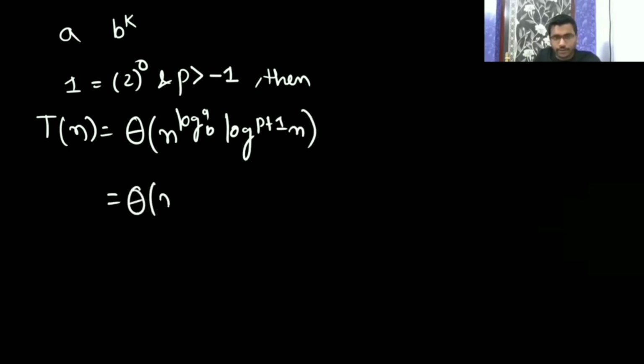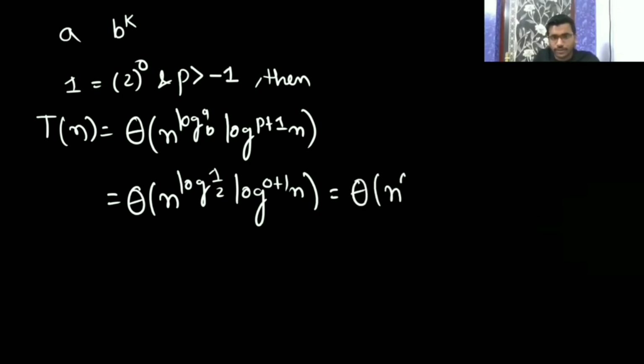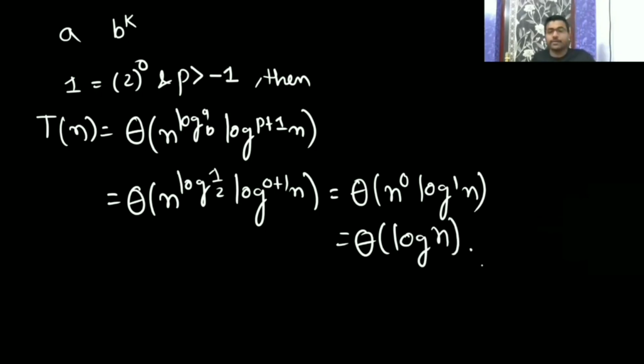So a is 1, b is 2, log p is 0, 0 plus 1. This gives theta n to the power 0 times log n, which is theta log n. That's why we always get time complexity as log of n. So whenever they ask you to reduce the number of multiplications, the worst case is big O of log n.